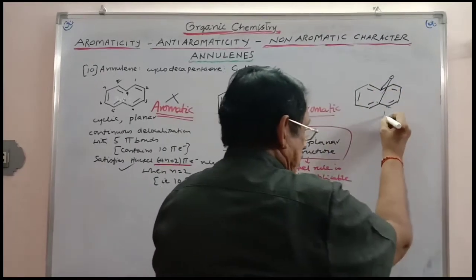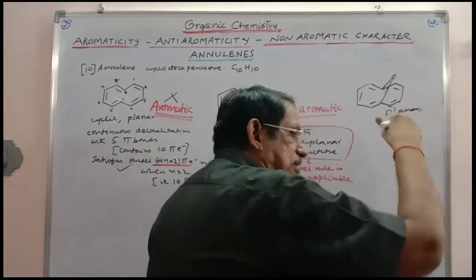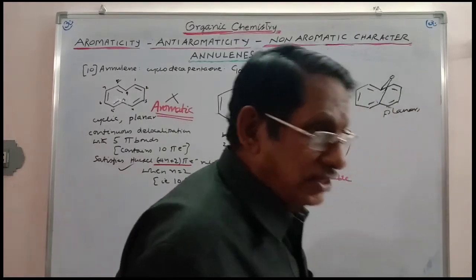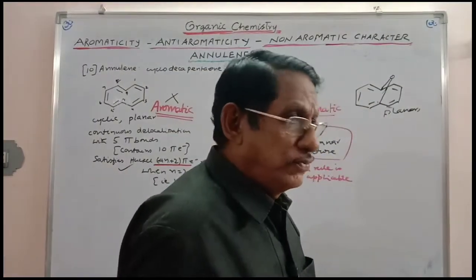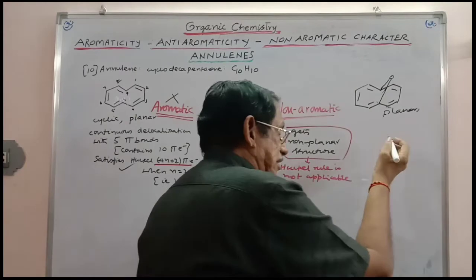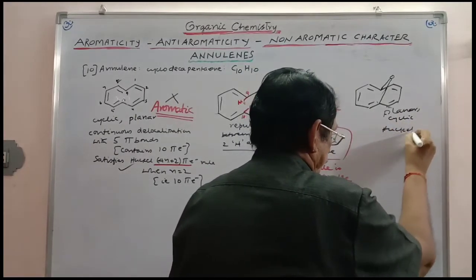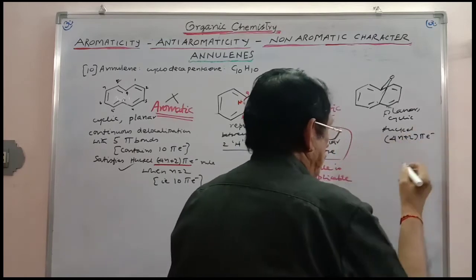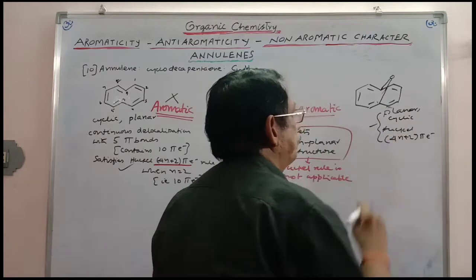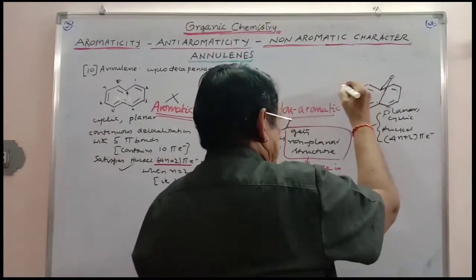Total structure becomes planar. And it is having delocalized pi electron cloud, which is having 10 pi electrons. Due to its planarity, once again, it is satisfying Huckel 4n+2 pi electron rule, and so cyclic, planar, Huckel rule, all are satisfied. So this compound is aromatic.